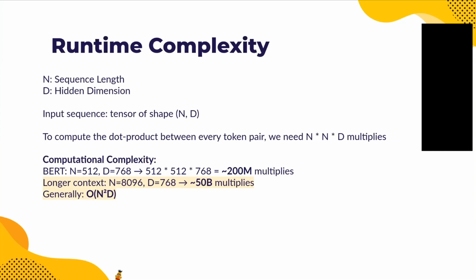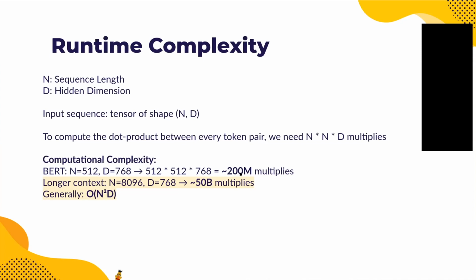Like I said, this is going to be kind of an engineering lens into the problem. So let's talk a little bit about runtime complexity. For a simple dot product self-attention, we have as an input for a natural language processing problem a tensor of shape N by D, where N is our sequence length and D is our hidden dimension. And we want to compute the dot product between every possible token pair. So to do a little bit of simple math, we need N squared by D multiplies. For typical choices of N and D, like in BERT defaults, we have 512 and 768.